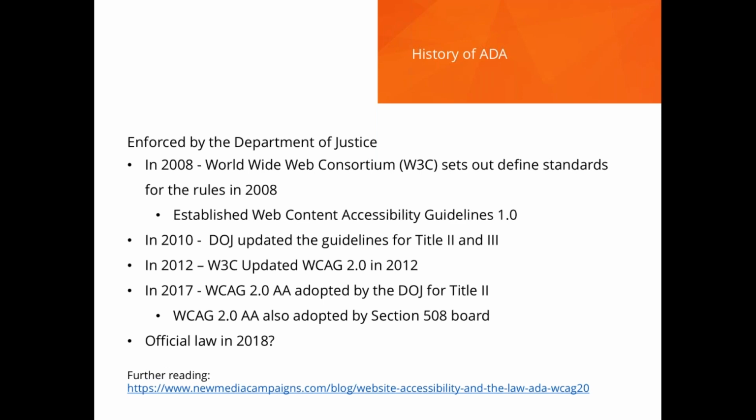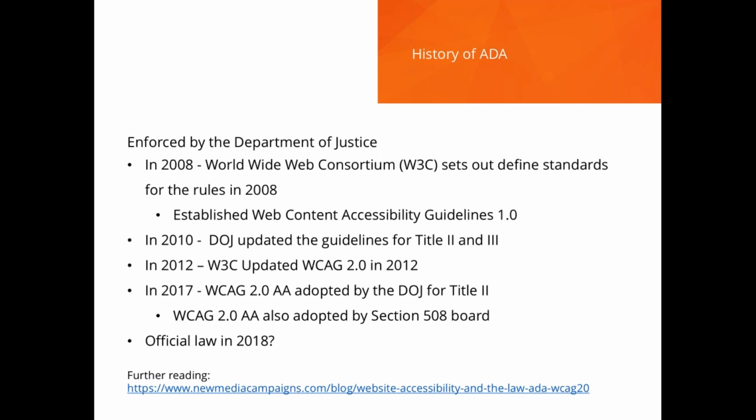They've been setting out since the law went into effect to actually create the standards for what is accessible for websites. And they established the first set of rules in 2008, which is version 1.0. Now, again, they're outside the DOJ and they're working alongside the DOJ.